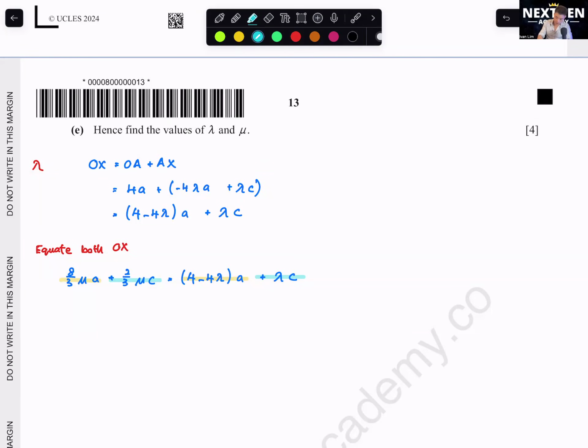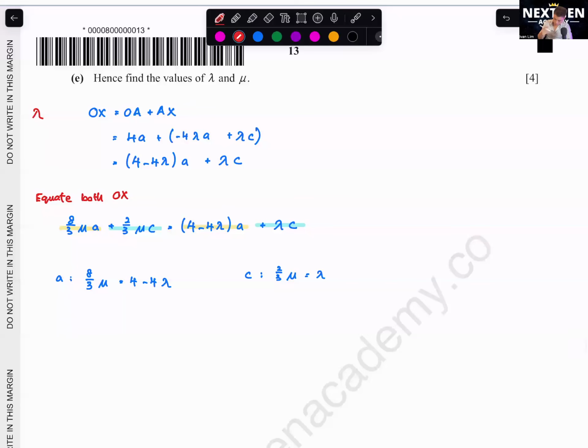We take the A first, so you just equate the coefficients. For A, 8 over 3 mu equals 4 minus 4 lambda. Depending how you want to equate it. For C, 2 over 3 mu equals lambda. I'm going to substitute the lambda.